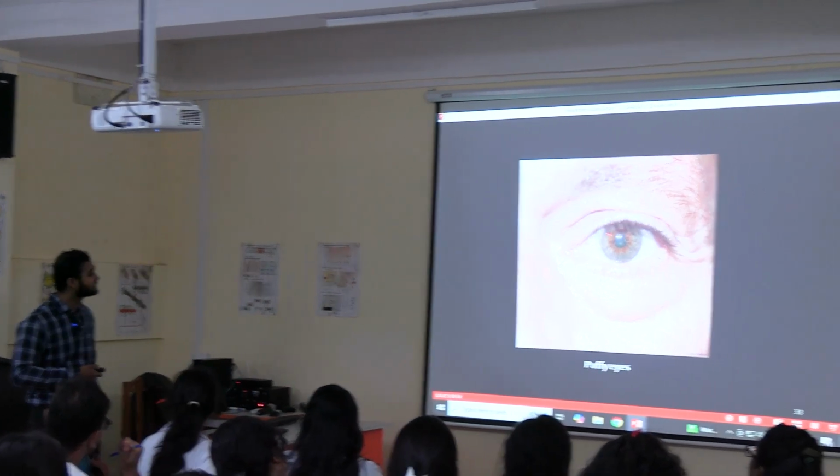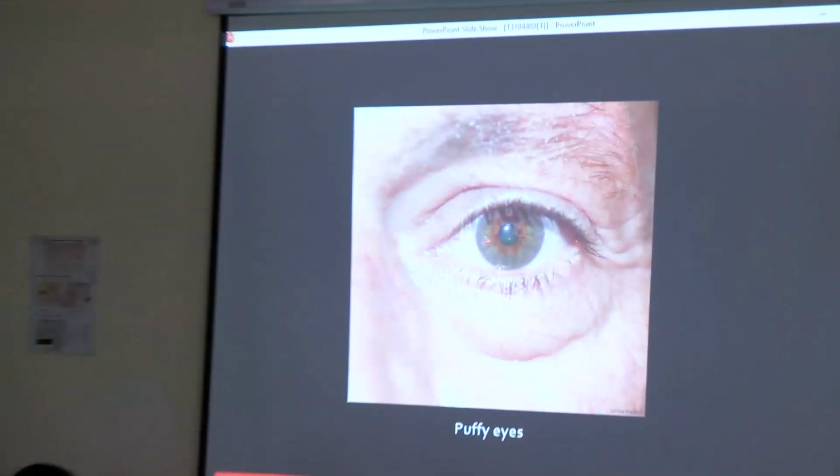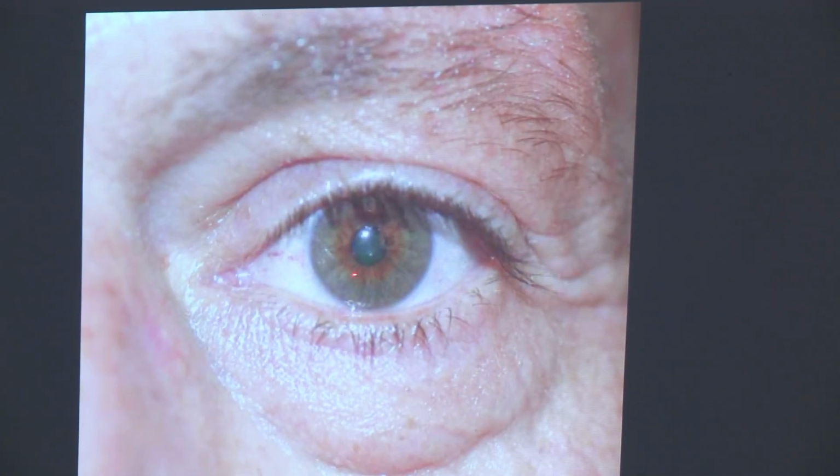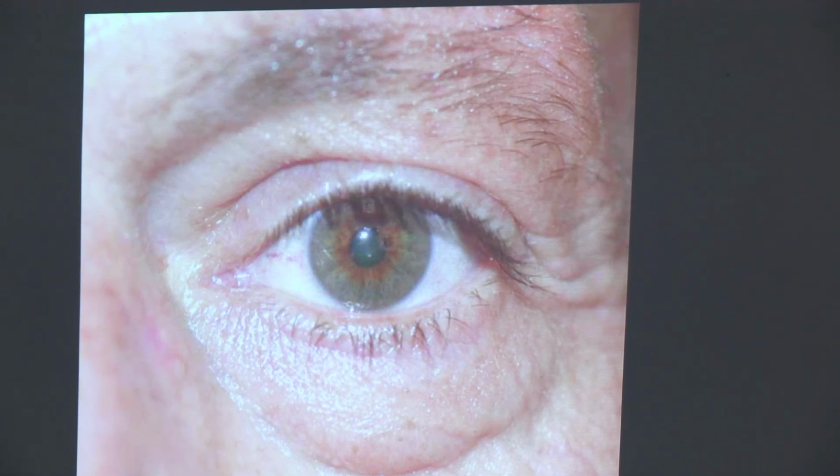What is this part? Cornea. And inside the cornea, that muscular part, what is that called? This is the iris.